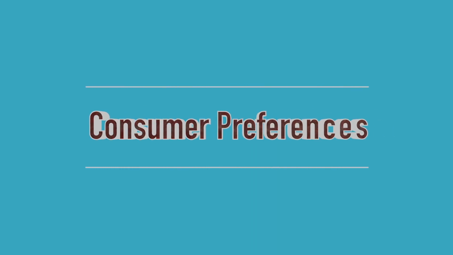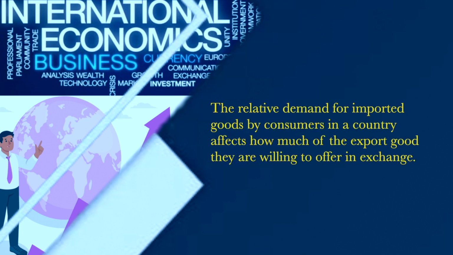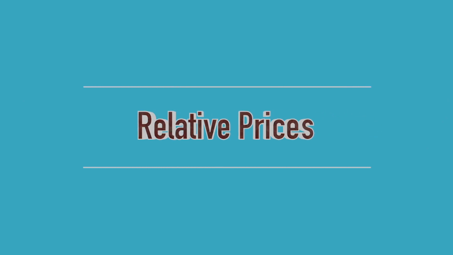The second one is consumer preferences. What are consumer preferences? The relative demand for imported goods by consumers in a country affects how much of the export good they are willing to offer in exchange. Along with consumer preferences, another important factor is the relative prices of the two goods in the two countries.